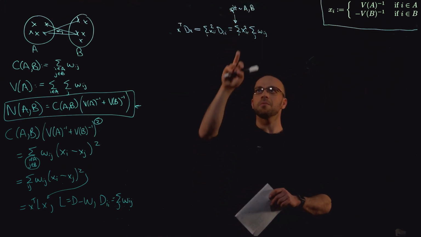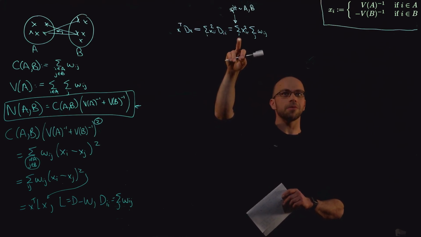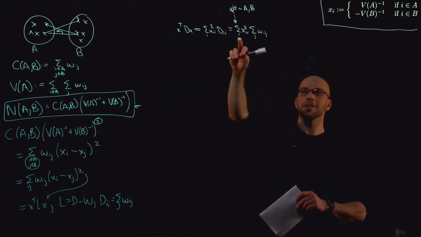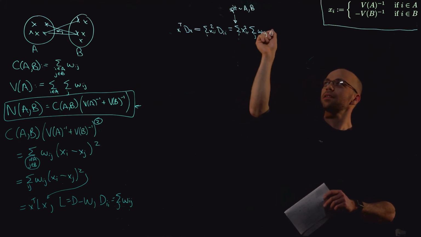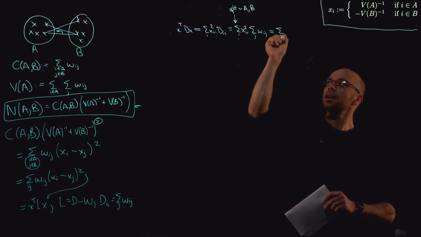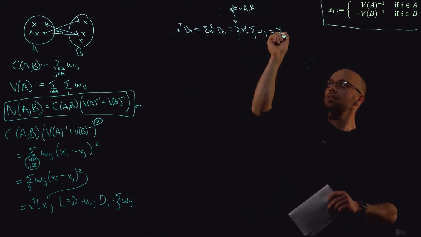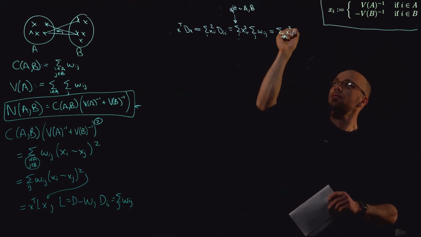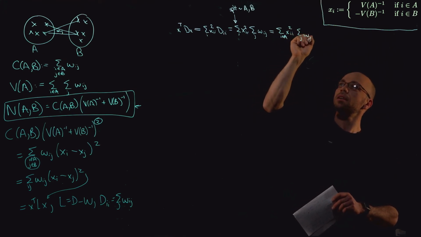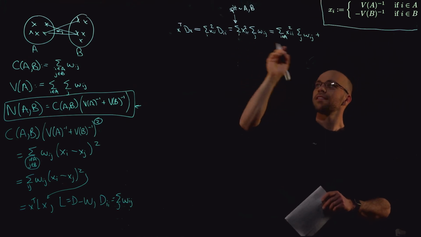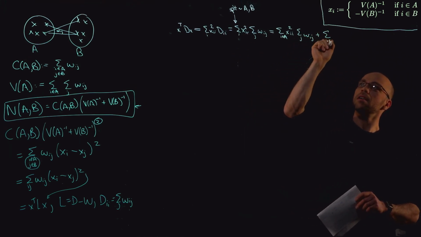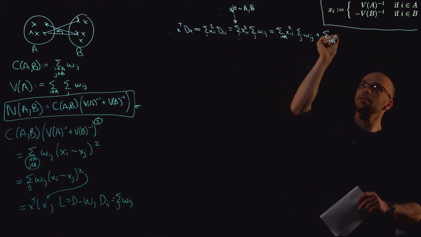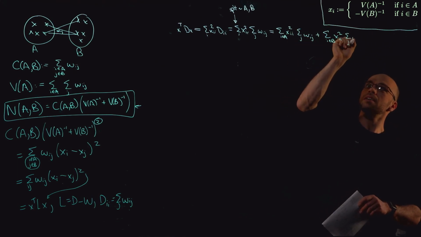Essentially, the sum over all i is equal to the sum over all i in A plus the sum over all i in B. Okay, so this is really the sum over i in A of x_i squared sum over j of w_ij, plus the sum over i in B of x_i squared sum over j of w_ij.